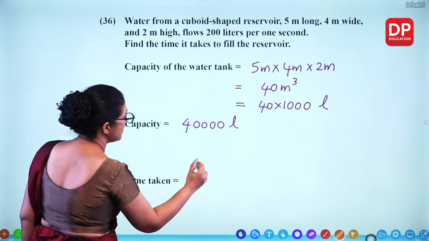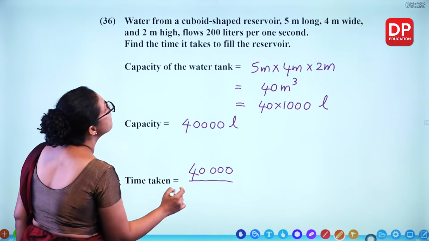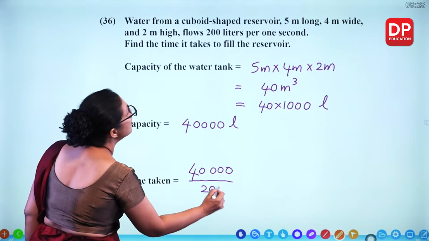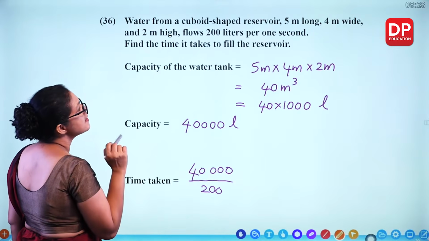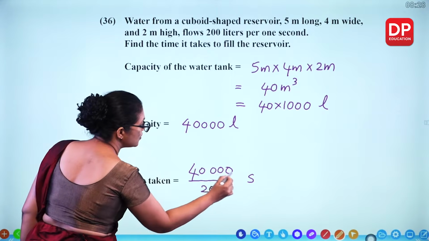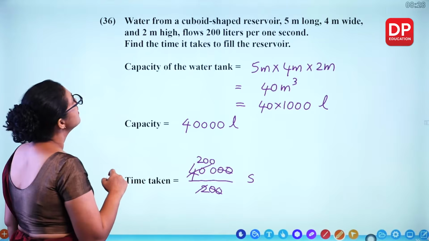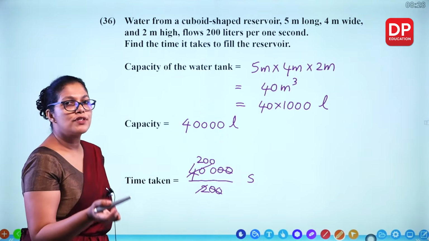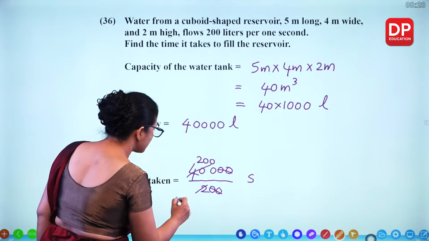So take the 40,000 value, divide by 200 liters, you get the time in seconds. 2 zeros and here 200 seconds. So 200 seconds is the answer.